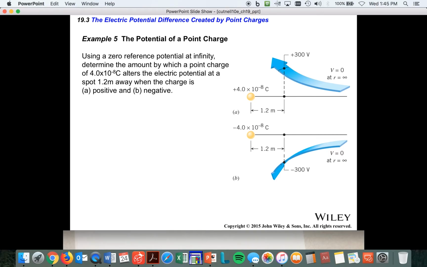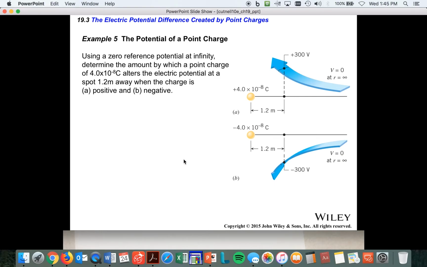Determine the amount by which a point charge alters the electric potential at a spot 1.2 meters away, when the charge is positive or when the charge is negative. Okay, so it's a 300 volt right here, and we are going to see how much this charge changes it.